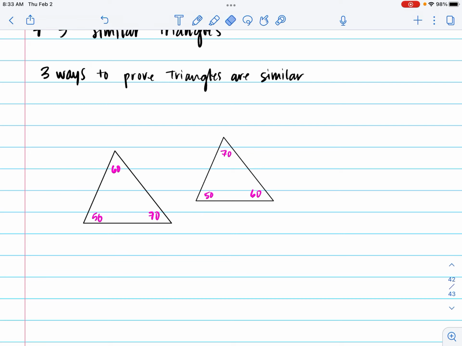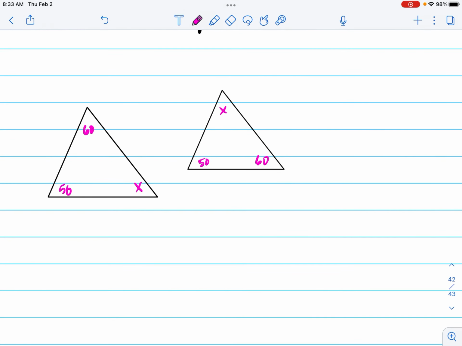And in fact, you don't need 3 angles to be given. For instance, if I took away one of the angles, and we still have 2 angles that are congruent, it should be assumed that this last piece that's missing, x, can be solved for because it's a triangle. Do the math.